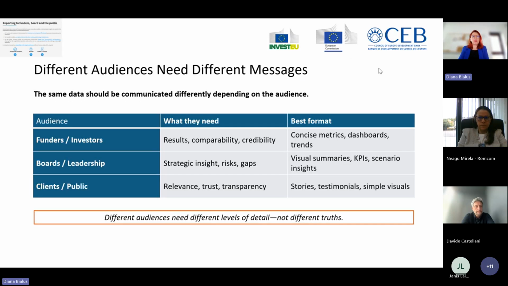Then what's important to remember here is that different audiences require different messages, presented a bit differently, to ensure that they get the most out of the data you report. I'm summarizing here for each category of stakeholders and audience.